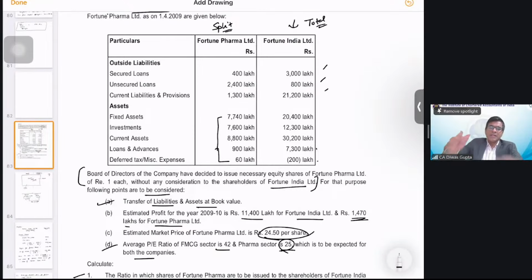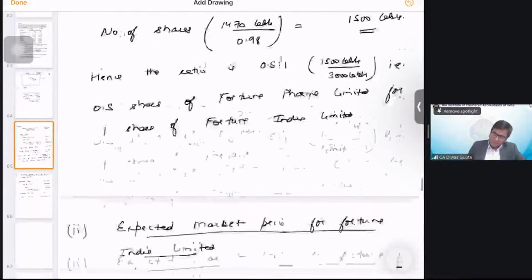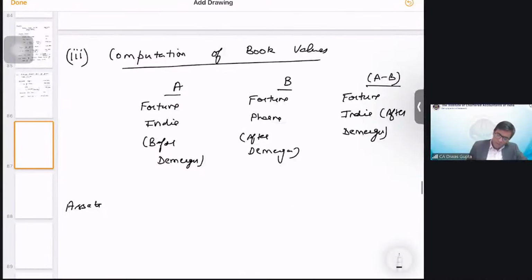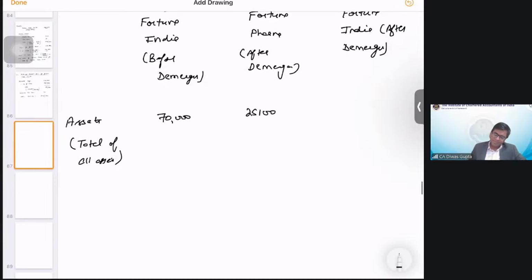Yes, Saminathan, you are correct. So total of all assets. Here it is 70,000 and here it is 25,100. And then the difference between these two will be the Fortune India Limited after demerger, which is 44,900.